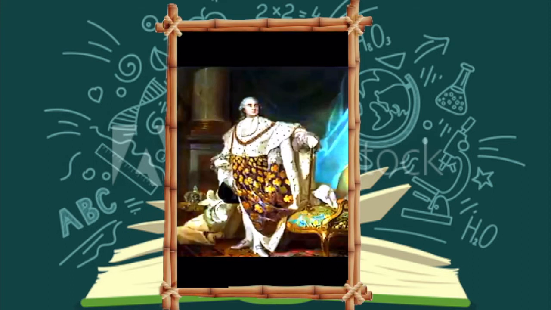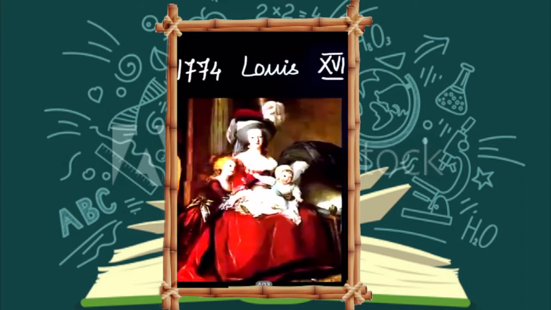Okay, children. He became the king at a very early age. He was only 20 years old then, and his wife was Marie Antoinette. This Marie Antoinette was a bad-tempered lady, and she used to influence him in a wrong way.